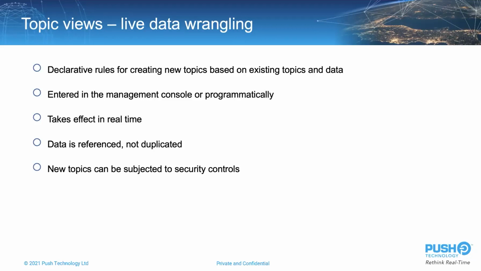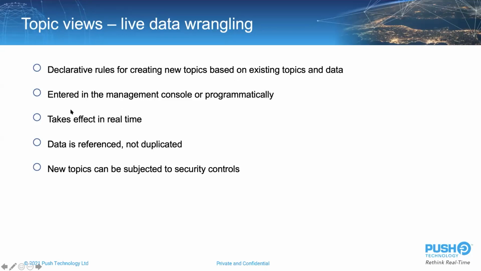They can be entered using the management console, which we will see shortly, or they can be coded via API as well. That means they can also be changed and modified in real time. So a topic view is taking a source view of the data and presenting a new view of that data in real time. These topic views can be dynamically changed through the APIs.